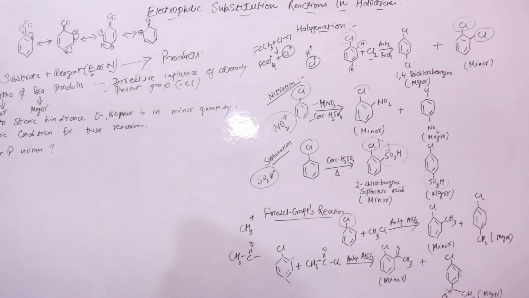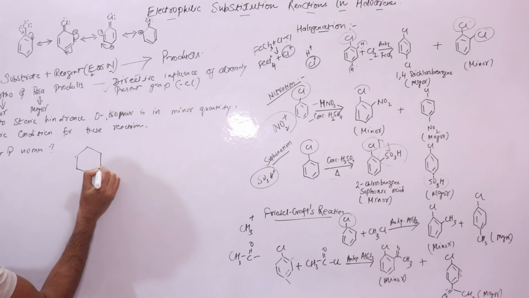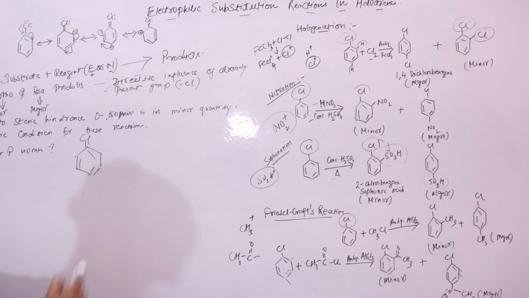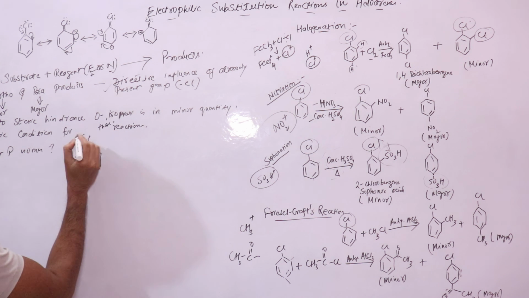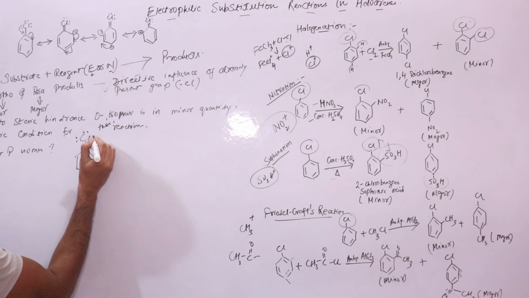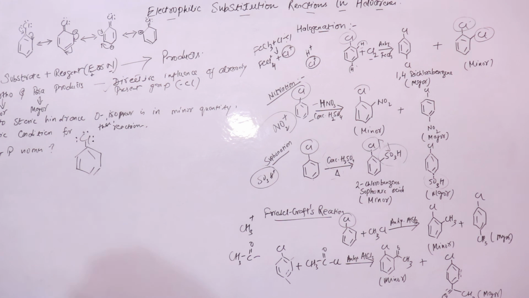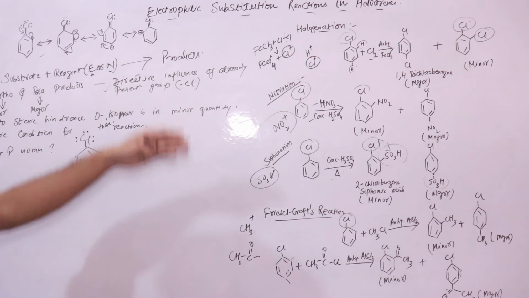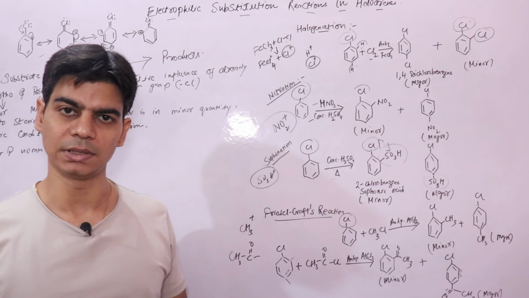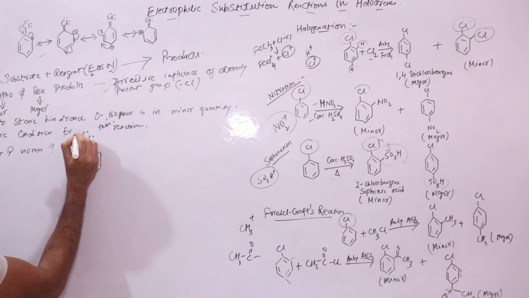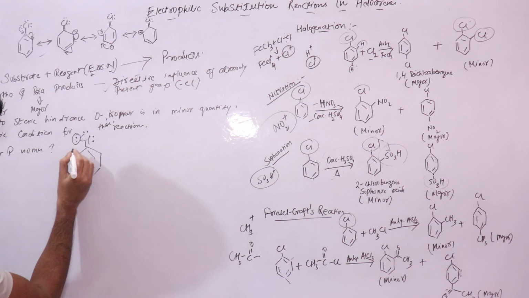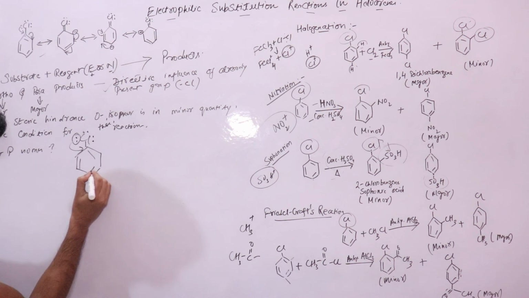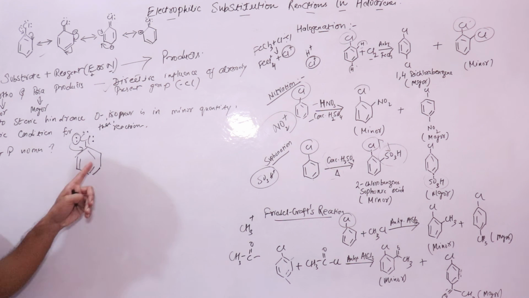If you look at this chlorobenzene, let me just rub this from here. Chlorobenzene, we know, has lone pairs of electrons. If you look at these structures, these are resonance forms of chlorobenzene. The lone pair of electrons on chlorine will enter into conjugation with the pi electron system of the benzene ring.